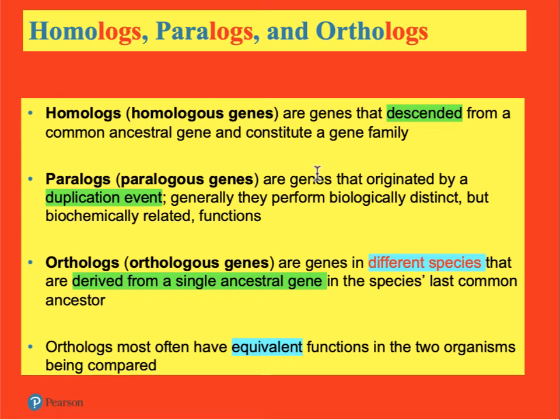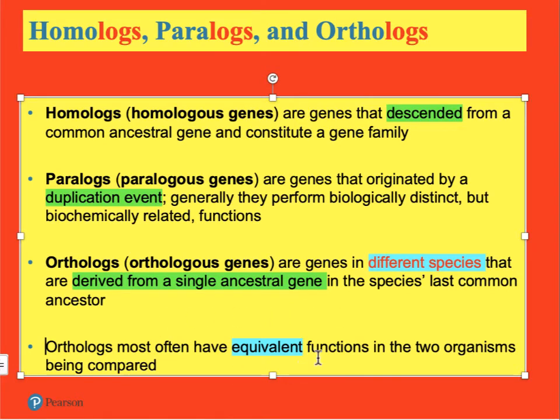Paralogs are genes that originated from a duplication event, performing biologically related but distinct functions for that cell. Orthologs are genes in different species that are derived from a single common ancestor. In most cases, these orthologous genes are equivalent in function due to descent from that common ancestor.